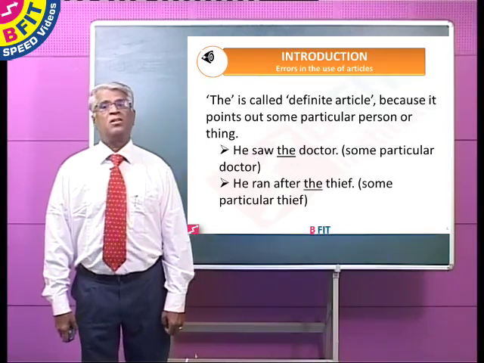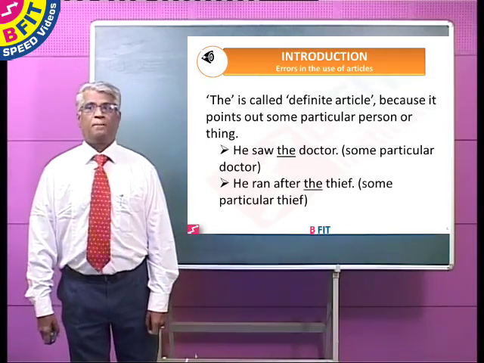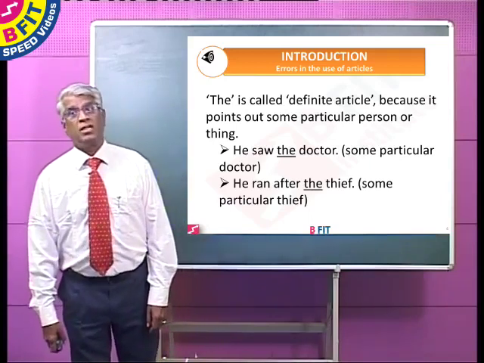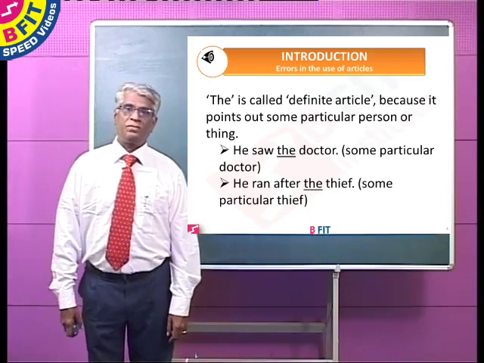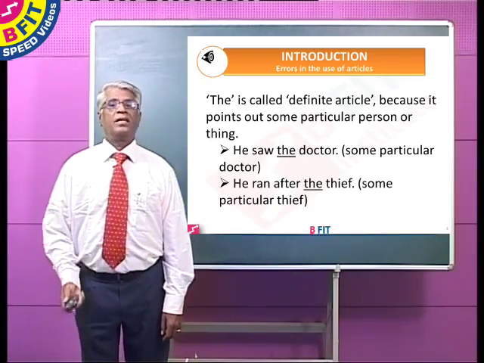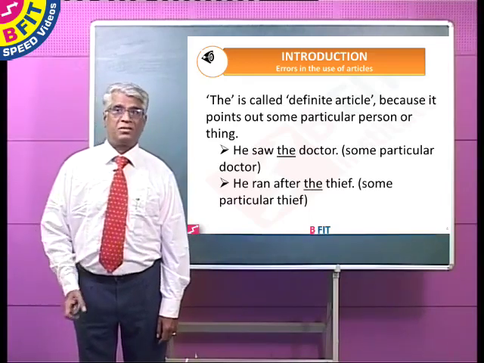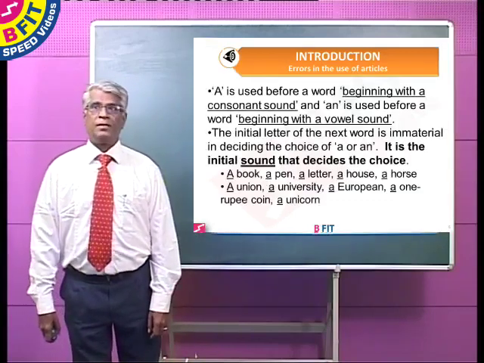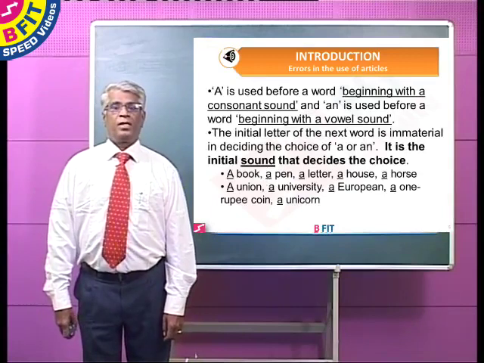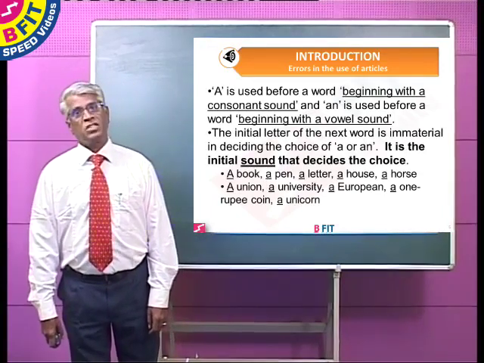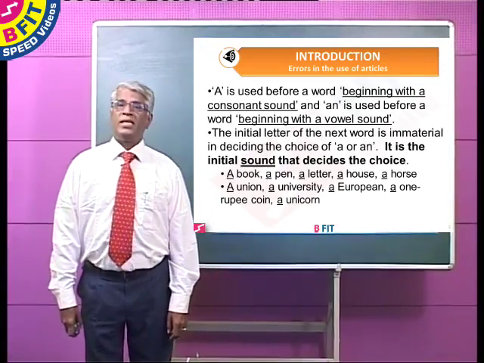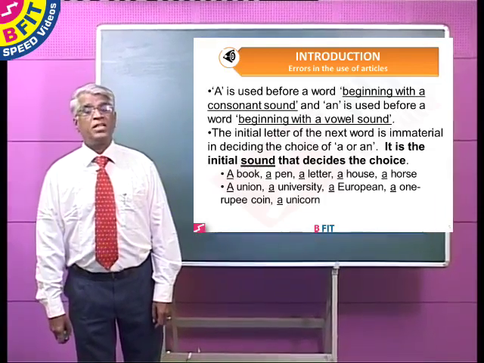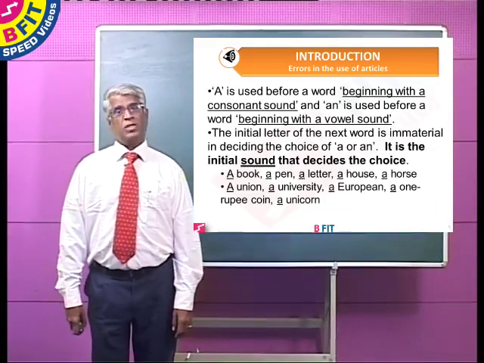is called the definite article because it particularizes the person or the thing it stands for. He saw the doctor means he saw a particular doctor. He ran after the thief means he ran after a particular thief. Now coming back to the indefinite article, the choice of the use of a or an is decided by the initial pronunciation of the next word.